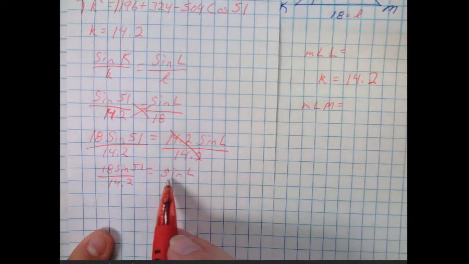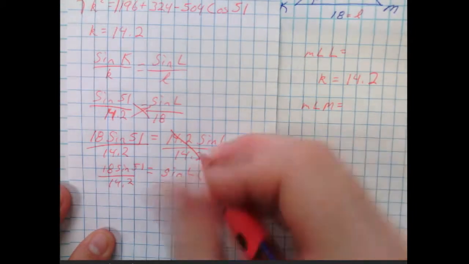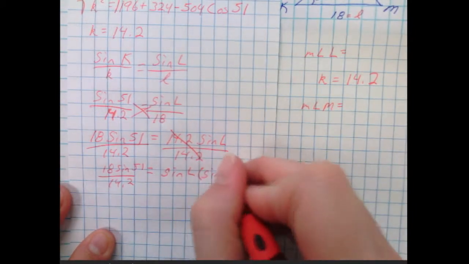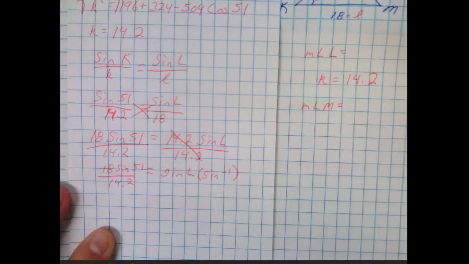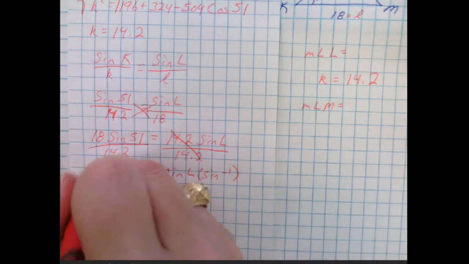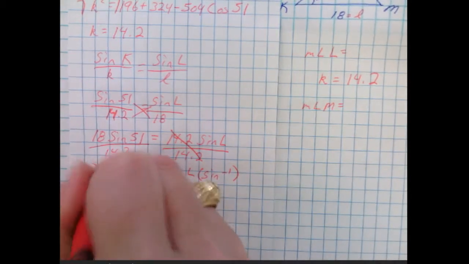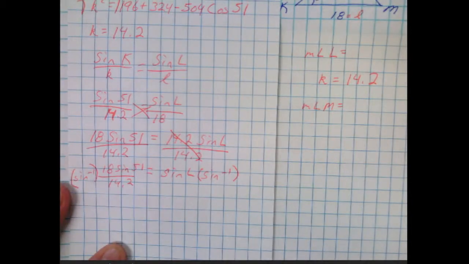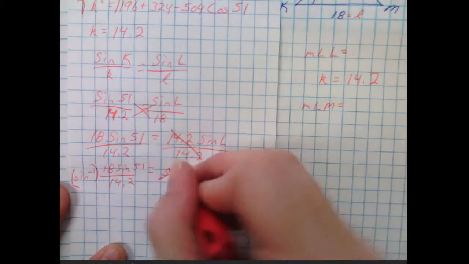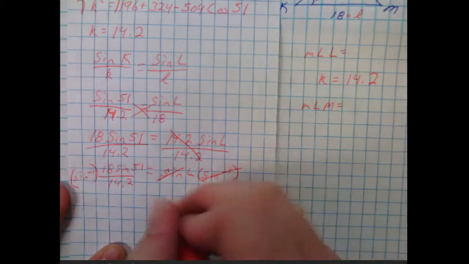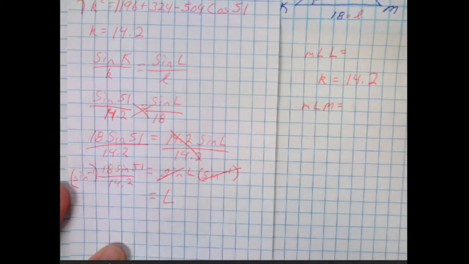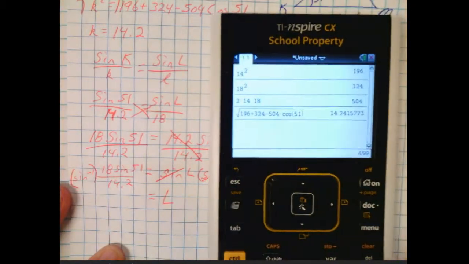So then from here we want to get rid of this sine, so if you remember we can apply sine to the negative 1. Sine to the negative 1, so I'm going to do the same thing on the other side. So then I'm going to cross these out, those cancel, and I'm left with L equals. Bring out my calculator again.